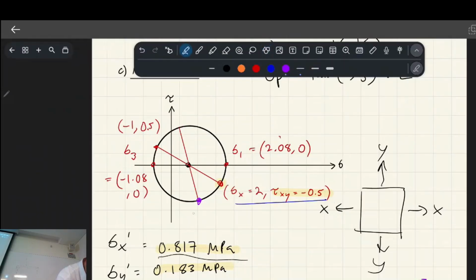This one is sigma x dash, which is 0.817, and tau x dash y dash, which is negative 1.549.